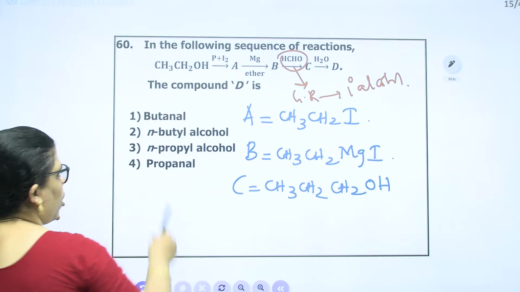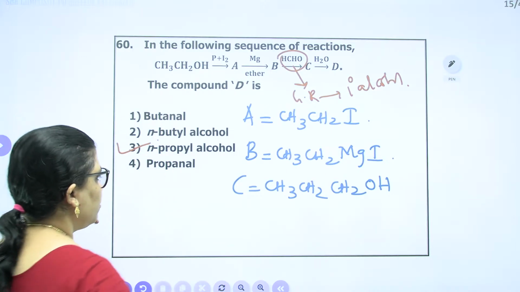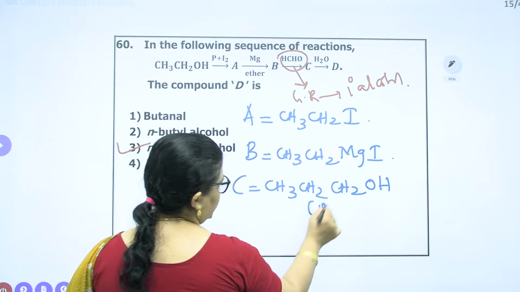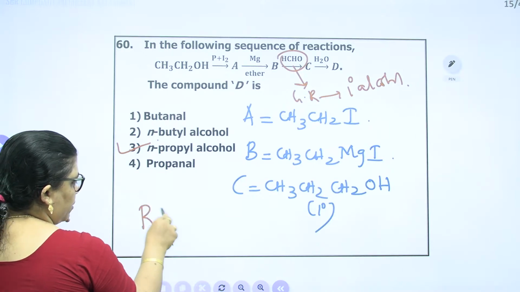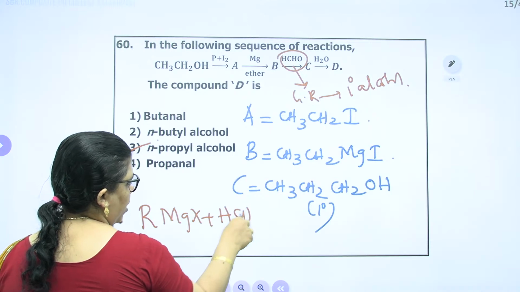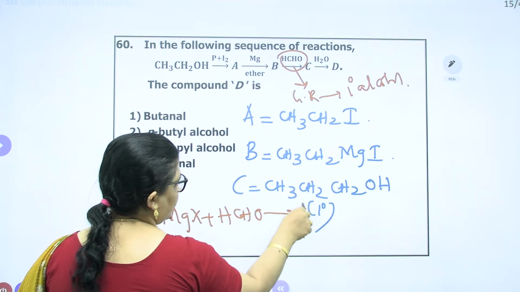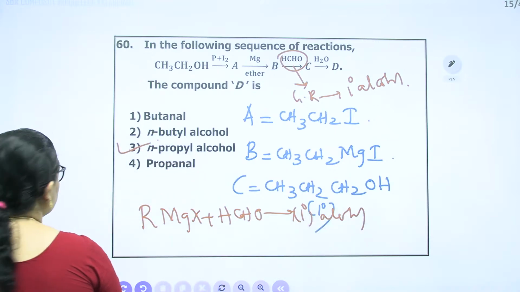Propan-1-ol, therefore normal propyl alcohol. The correct answer is the third option. This is a primary alcohol. When RMgX is added to formaldehyde, we get a primary alcohol. This we need to remember, children.